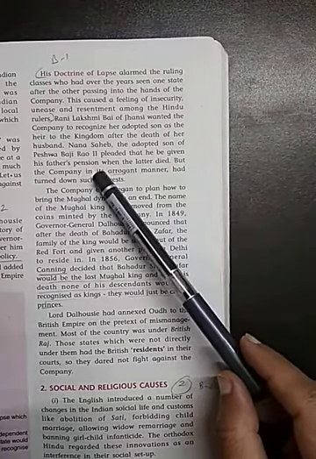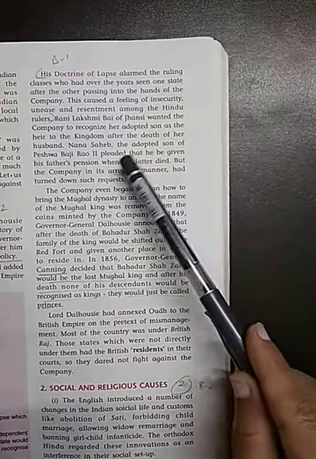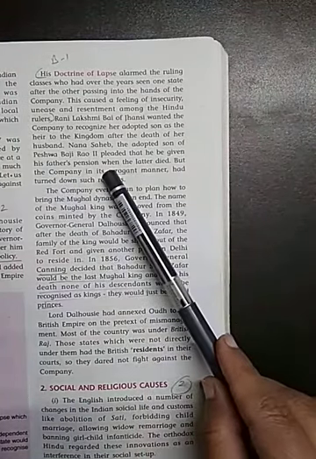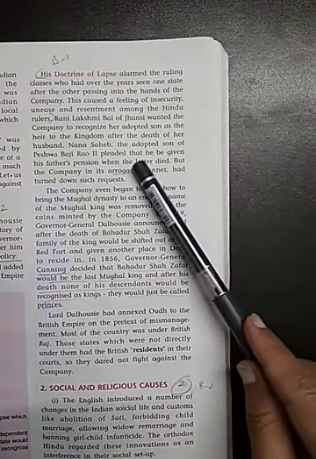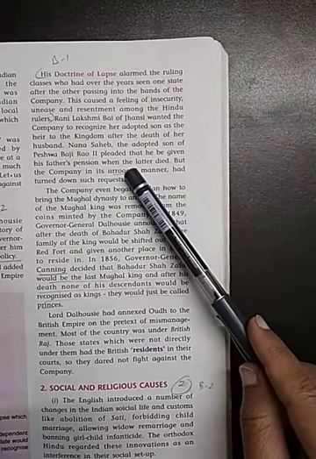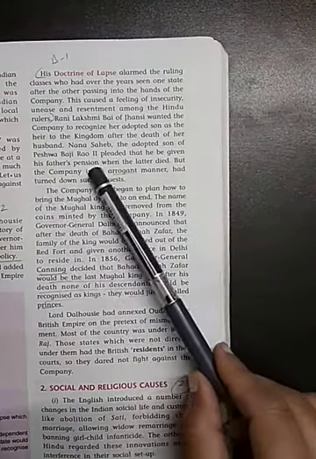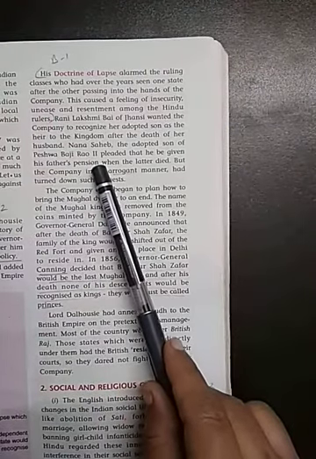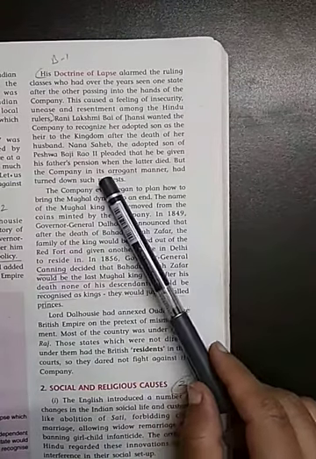On the other side, Nana Sahib was also an adopted son, the adopted son of Peshwa Bajirao II. He was not seeking a kingdom, he was seeking only the pension that was given to Peshwa Bajirao II. After the death of Peshwa Bajirao II, his adopted son Nana Sahib was seeking that pension only.